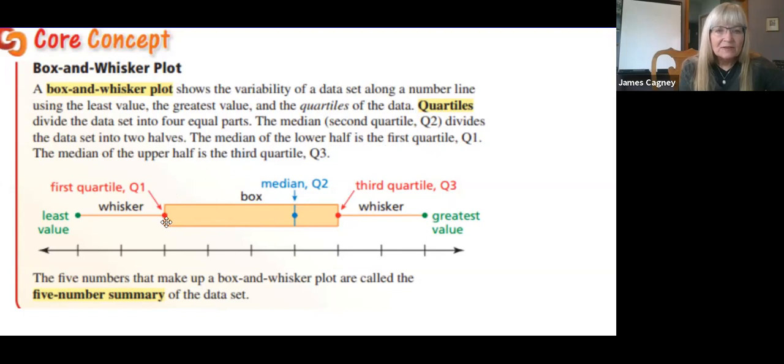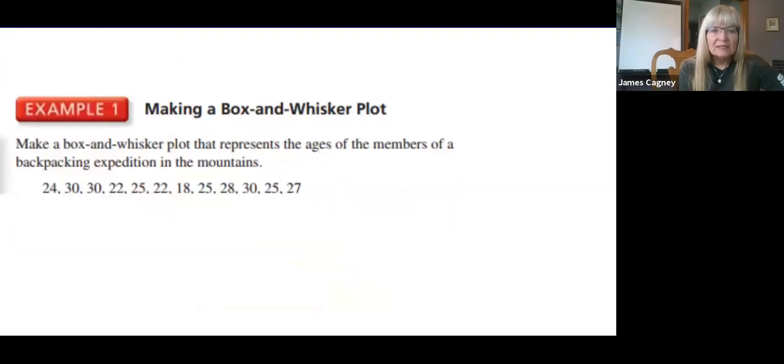Right here is your first quartile. And then I also have Q3, which divides the upper half of the data in half. So remember, we talked about this when we had the 5-number summary. We have the minimum, Q1, Q2, Q3, and the maximum. So go ahead, write this down, pause if you need to, and then continue on.